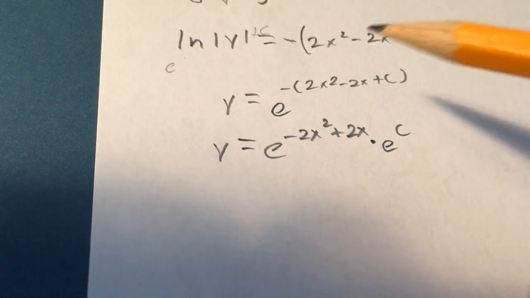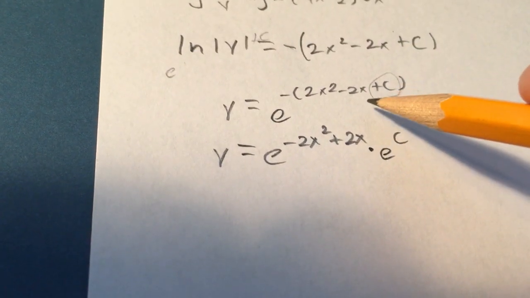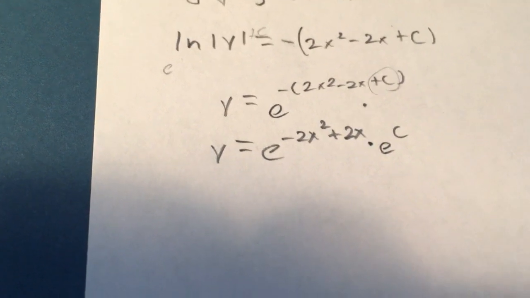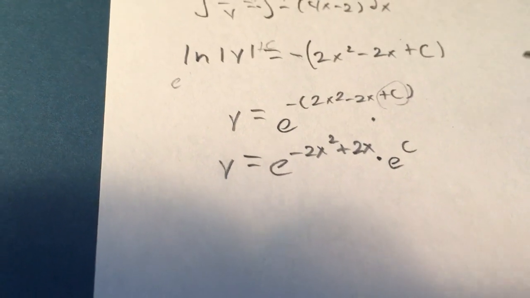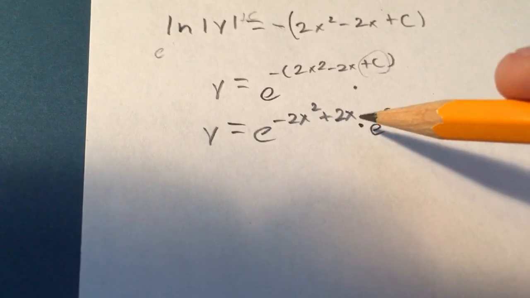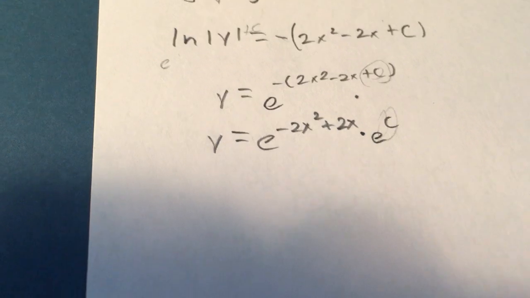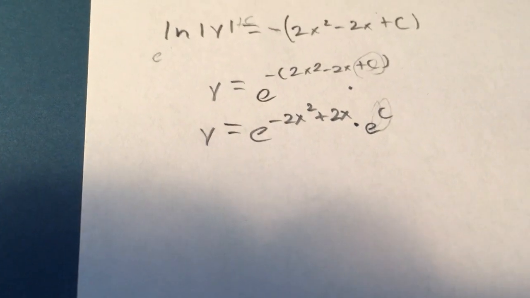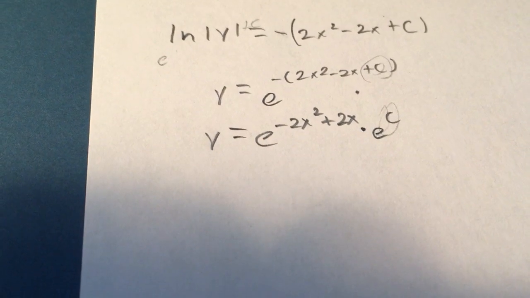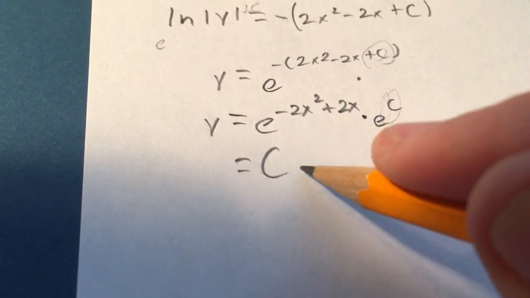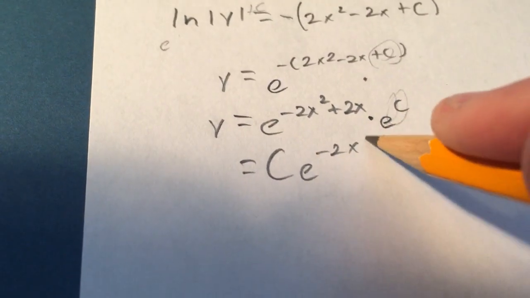An e to the c is still a constant, because it's a number times a number, so you get to rewrite that as a big C times e to the negative 2x squared plus 2x.